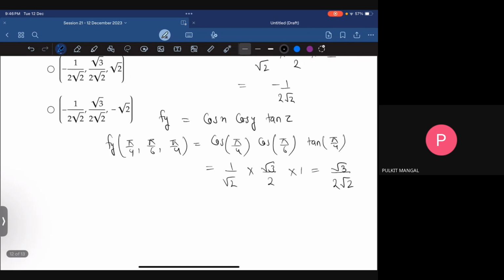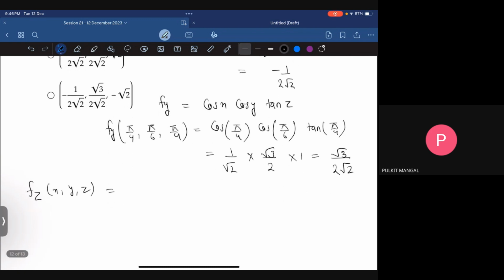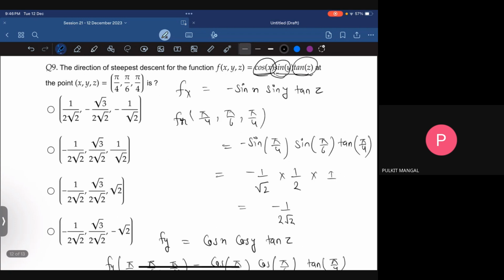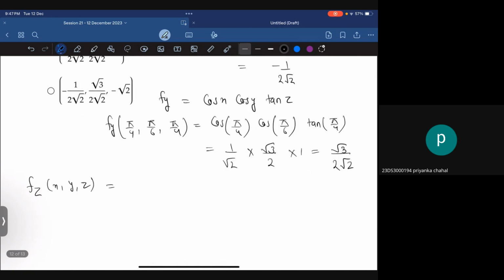Now come to the partial derivative with respect to z. Again for the z case, cos x and sin y would be constant. Only take the derivative of tan z. What would be the derivative of tan? Sec square. Correct.